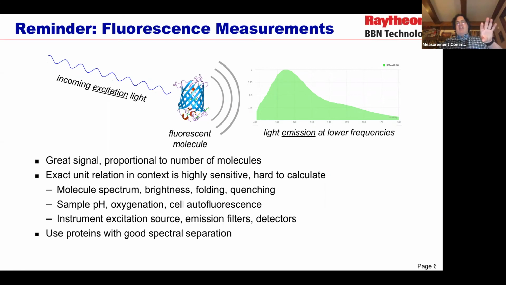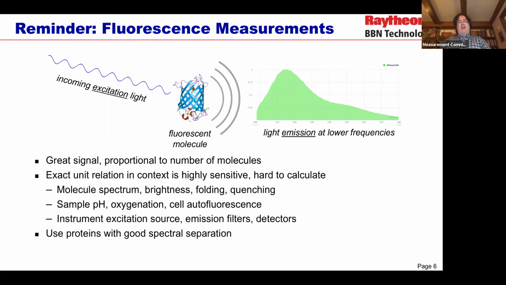Typically, the excitation is shorter wavelength and more energetic than the emission. In a flow cytometer, at least, typically that excitation is monochromatic, meaning it's coming from a laser and it's very precise.